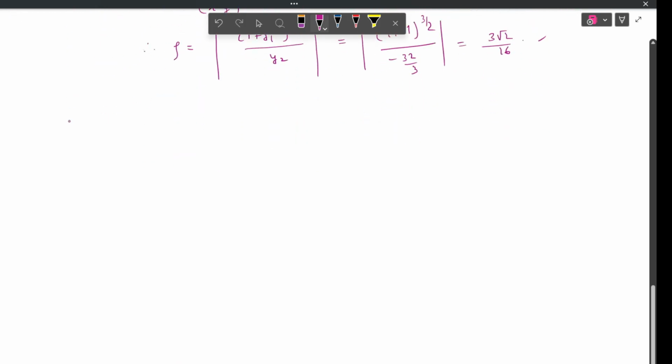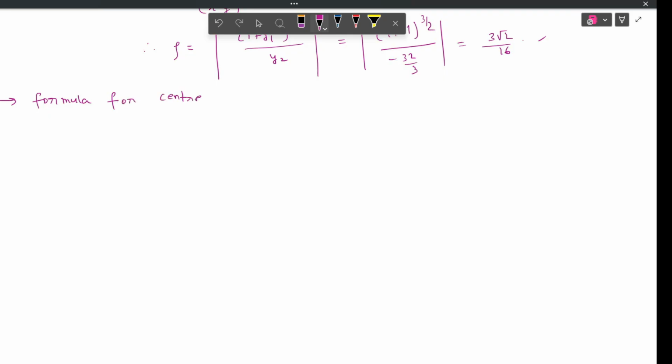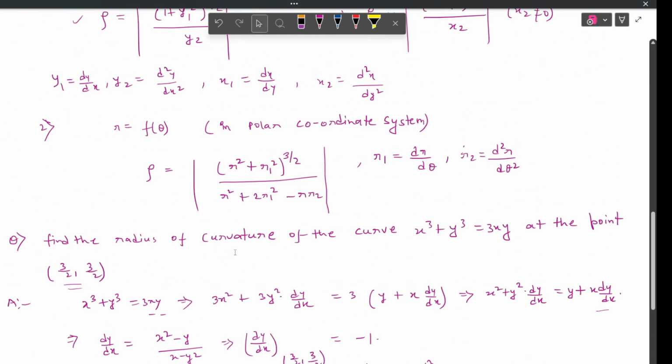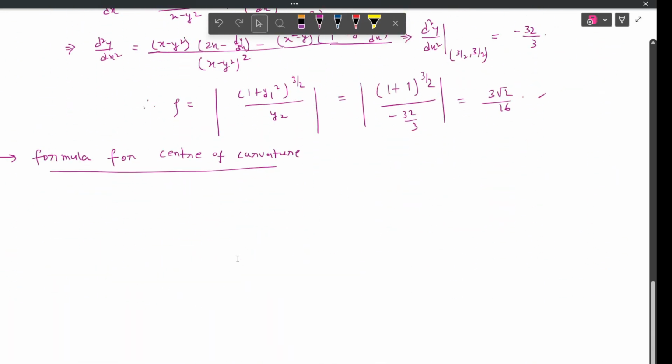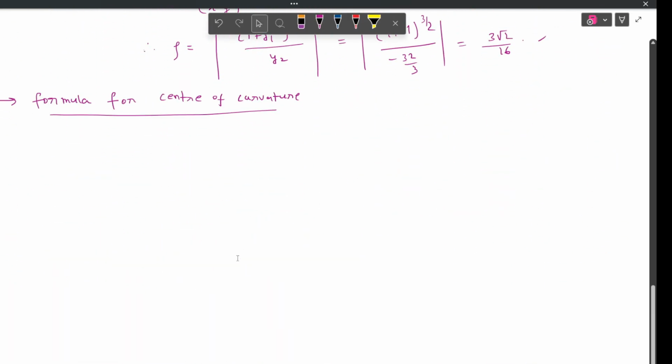Now let us see the formula for center of curvature. This is the formula of radius of curvature. So let gamma be a curve and P be a point on the curve.